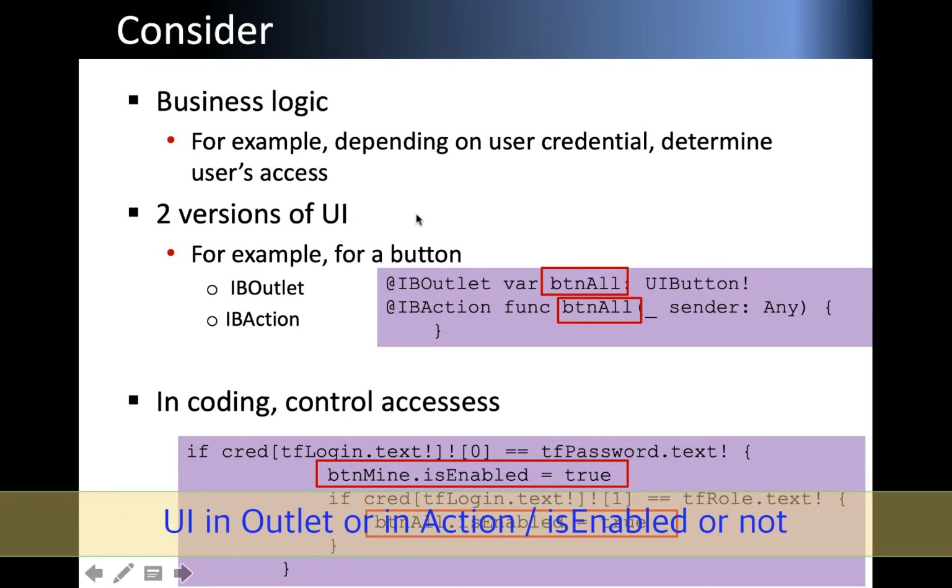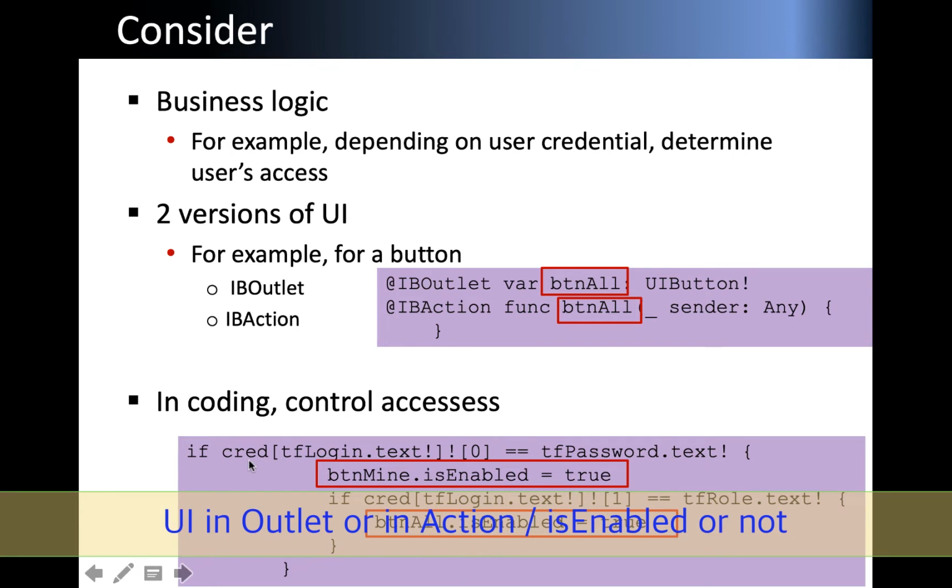To make it disabled or enabled, we also need to declare outlets. So with both together, for the button all and button mine, initially it is disabled.